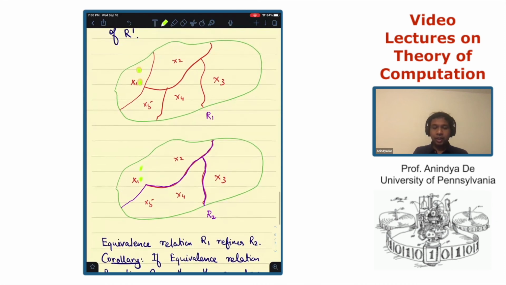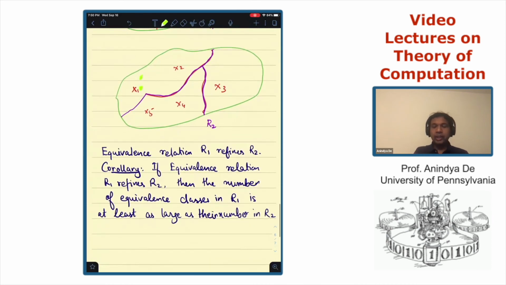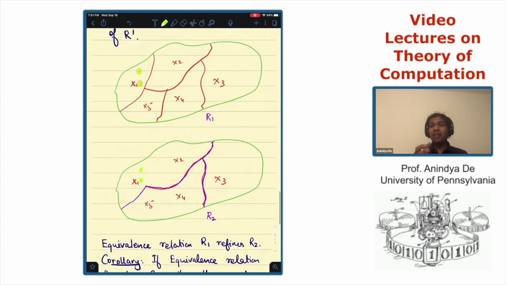And so an obvious corollary of this definition is that if equivalence relation R1 refines R2, then the number of equivalence classes in R1 is at least as large as the number of equivalence classes in R2. The reason being that you're only making the partitions finer. R1 only makes partitions in R2 finer. What R2 does is that two partitions which are different in R1 may coalesce in R2.